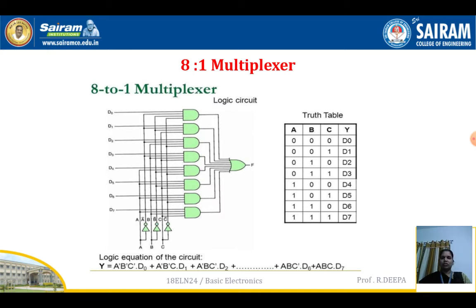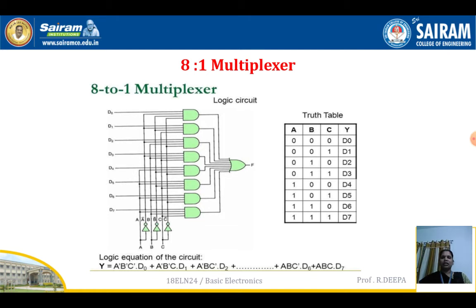Based on the truth table, we can construct the logical circuit, and an equation can be framed, which is shown at the bottom. You can write Y equals A bar B bar C bar into D0, plus A bar B bar C into D1, plus A bar B C bar into D2, plus so on up to plus ABC into D7.